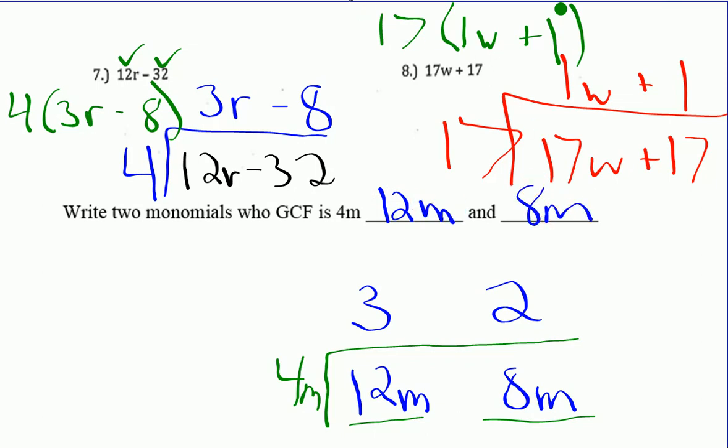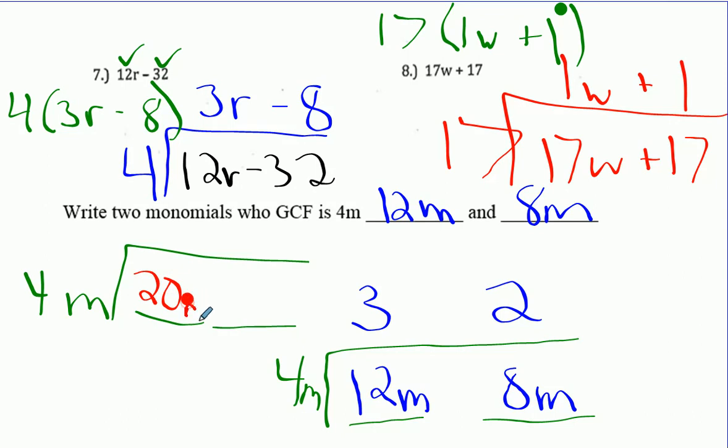I could think of some more as well. I wanted to just take a 4m out of something, and I needed two things to take it out of. Something like 20m could work. And maybe 12 again.